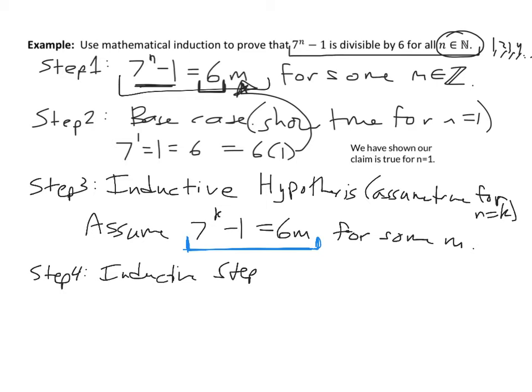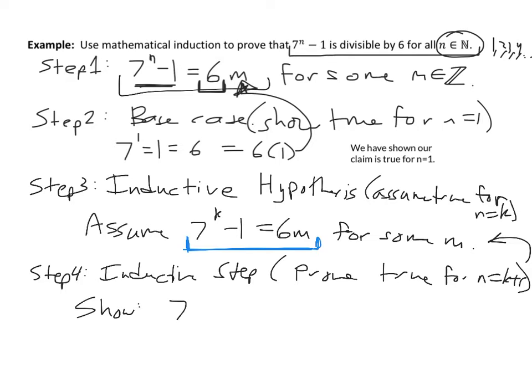And in this, I want to prove that it's true for n equals k plus 1, reliant on what we had found before. So I always do something here like I want to show that 7, remember I'm just replacing the k with a k plus 1. So 7 to the k plus 1 minus 1 is equal to 6.